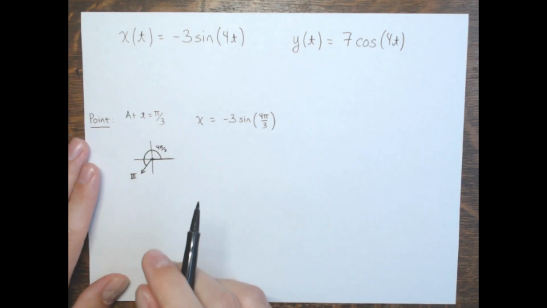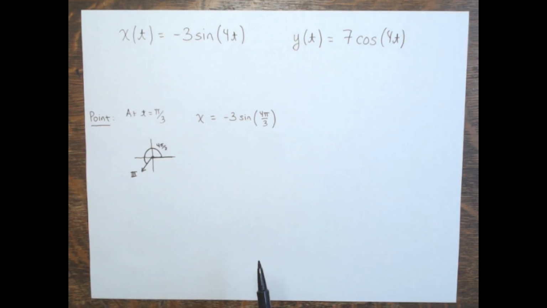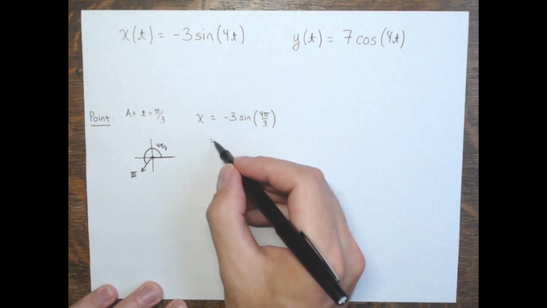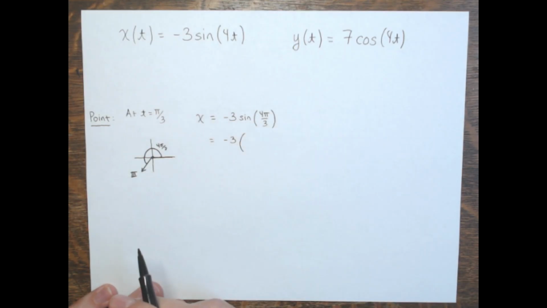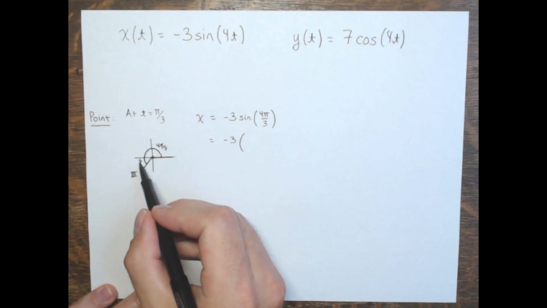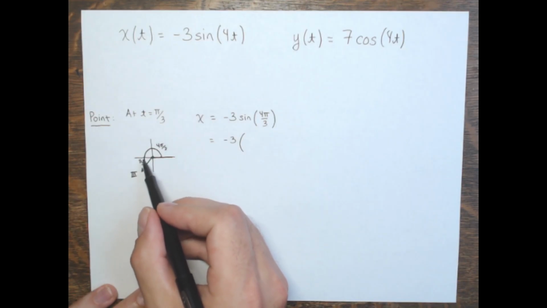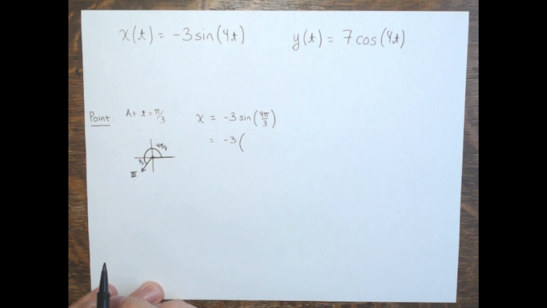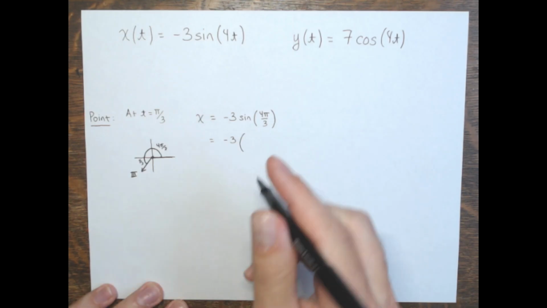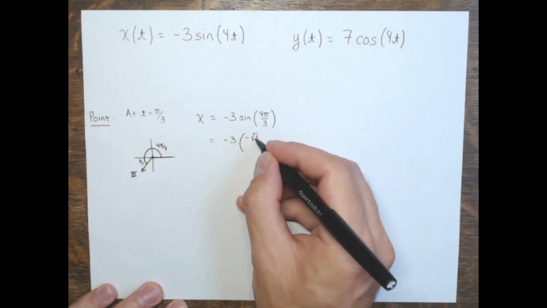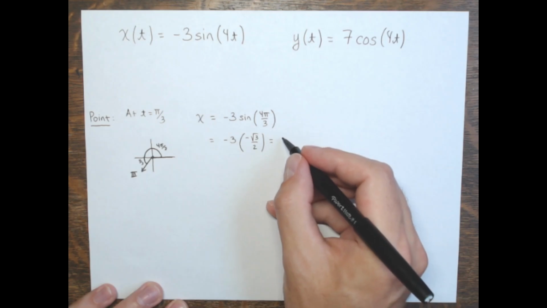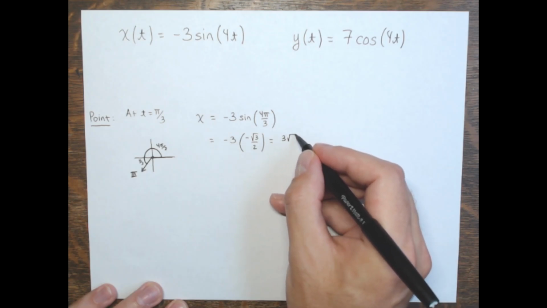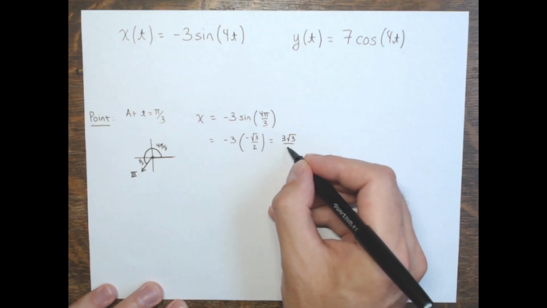And you might recall that the quadrant 3, right, both cosine and sine were negative. So this is -3 times, and the sine of 4 pi over 3 was just like, the sine of pi over 3, right? That's the reference angle, the angle it is off the horizontal, but negative. So it's negative square root of 3 over 2. So the x coordinate is positive 3 times the square root of 3 divided by 2.